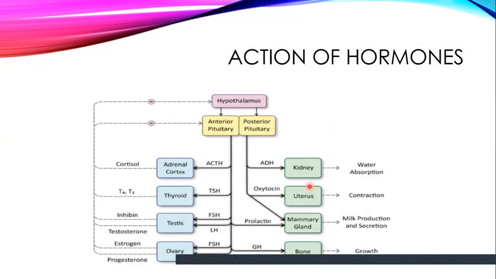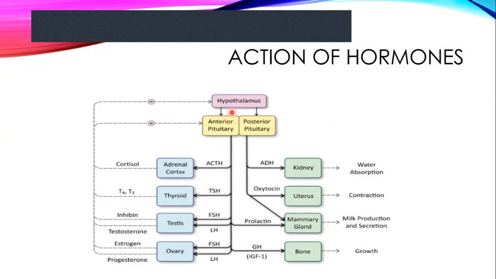Now let's look at the action of these hormones. Now the hypothalamus, remember, will influence the anterior pituitary to produce its hormones. The adrenocorticotropin hormone acts on the adrenal cortex to produce cortisol. Then the thyroid stimulating hormone acts to produce T4, your thyroxine, and T3, your triiodothyronine.